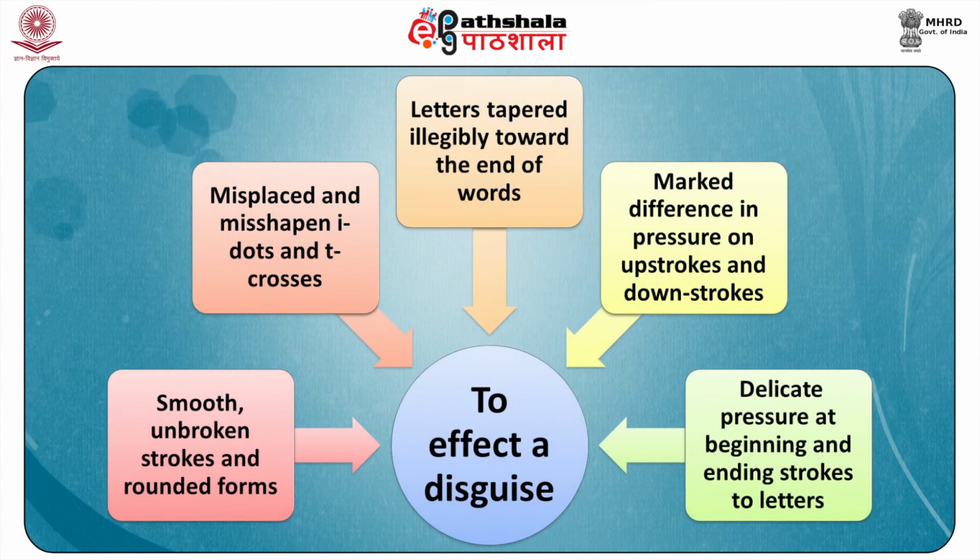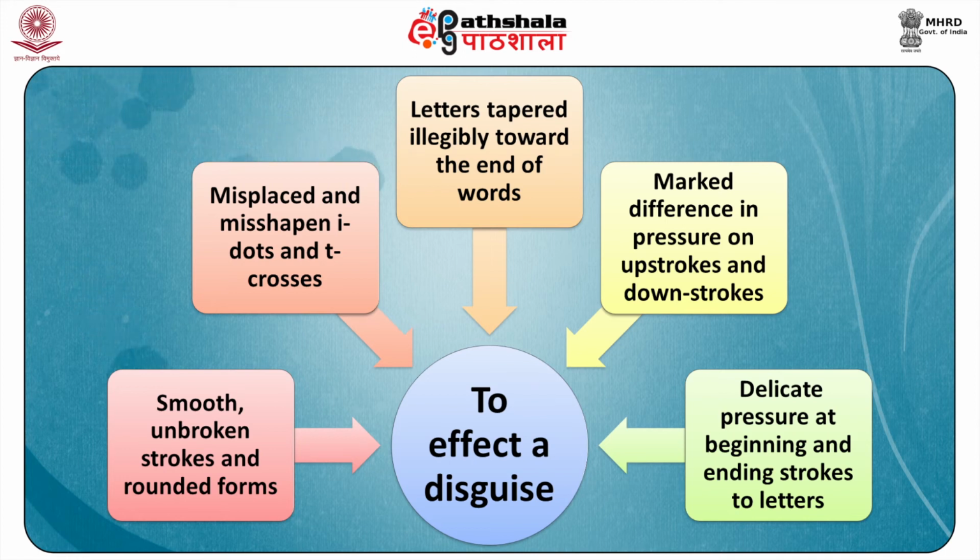An examination of these findings indicates that persons use many different methods, alone or in combination, to effect a disguise. Following are some features of natural writing. Number 1, smooth, unbroken strokes and rounded forms. Number 2, misplaced and misshapen I dots and T crosses.